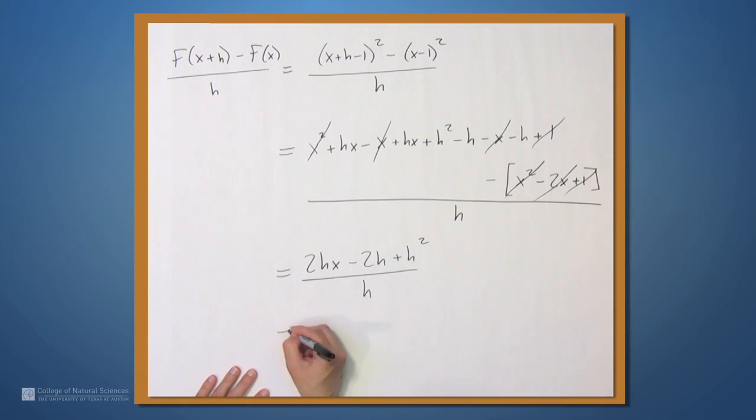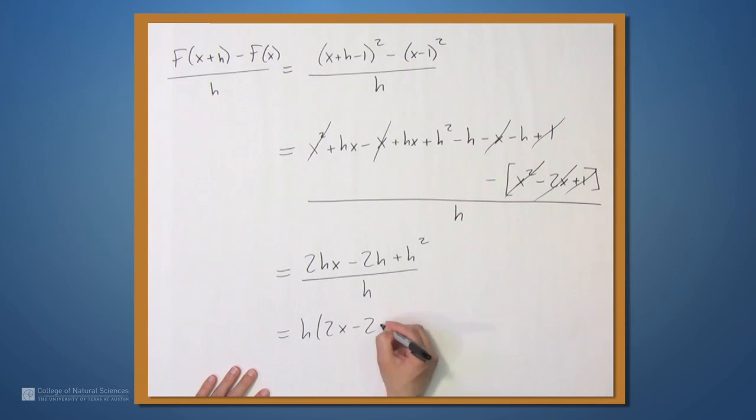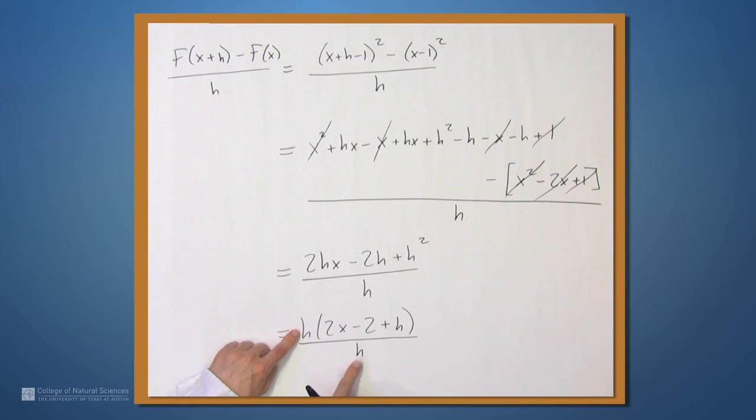So we can factor one h out, and we get h times (2x minus 2 plus h) all over h. Now these two h's cancel. They go away, and we are left with 2x minus 2 plus h.